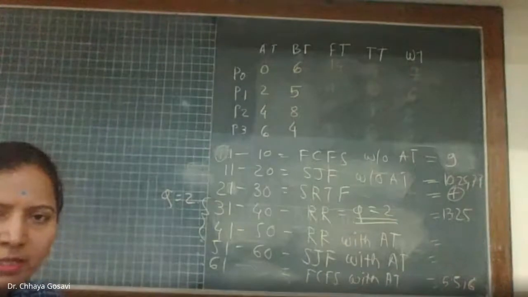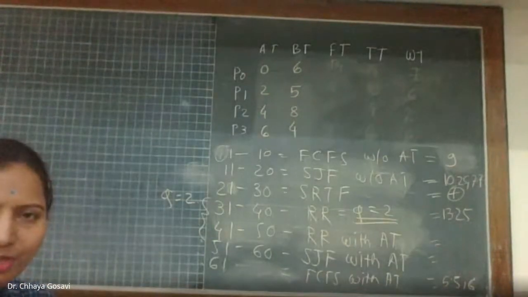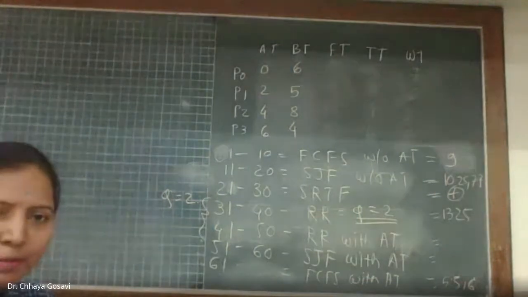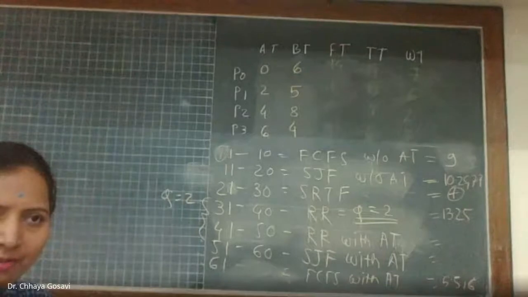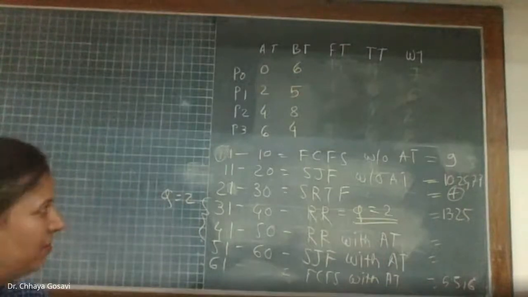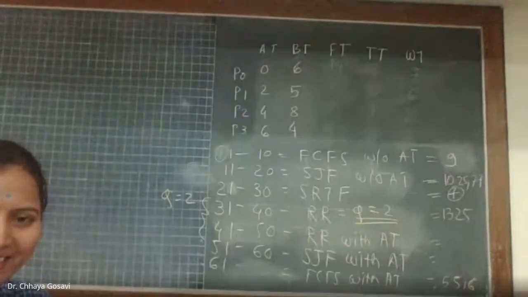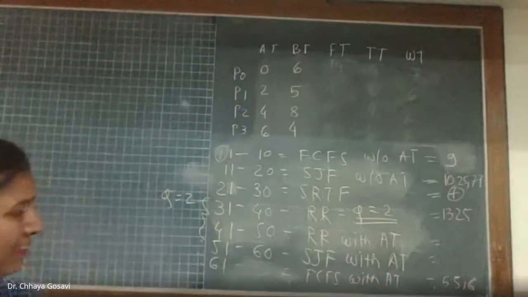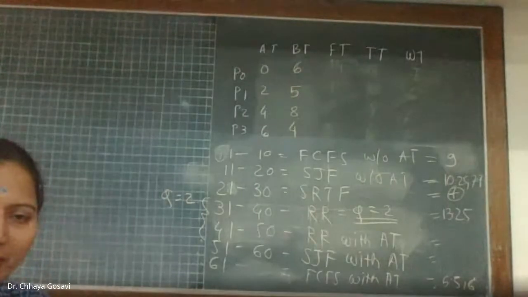Prajakta, roll number 30, SRTF. Anyone solved with SRTF? Why is everyone leaving this session? Anyone solved with SRTF, shortest remaining time first algorithm?